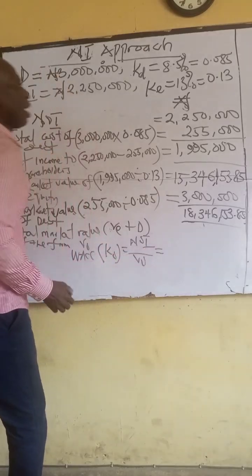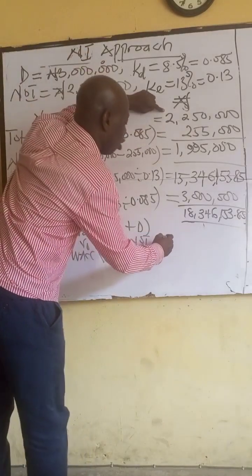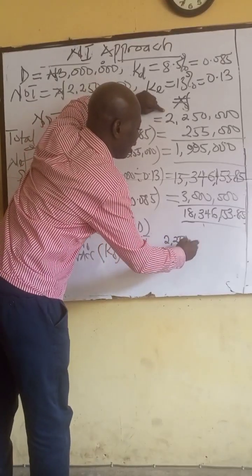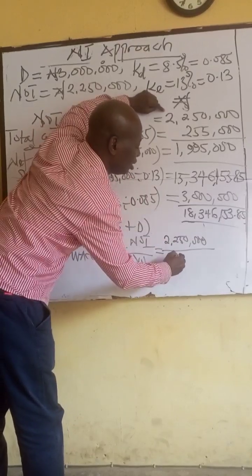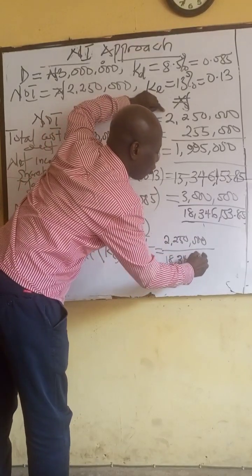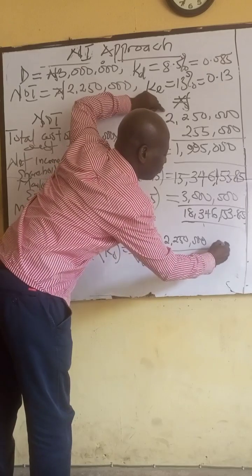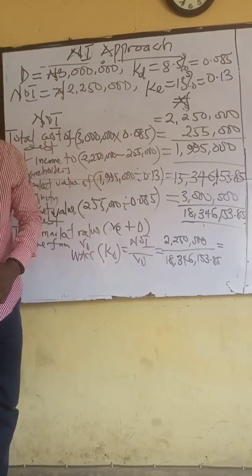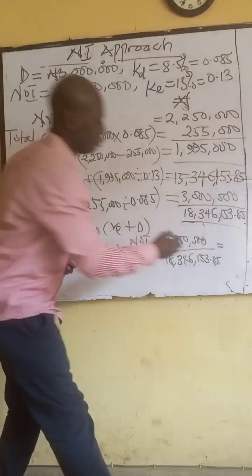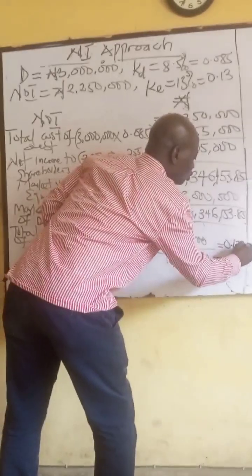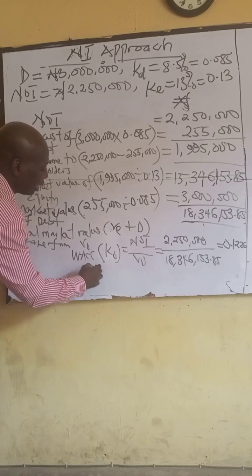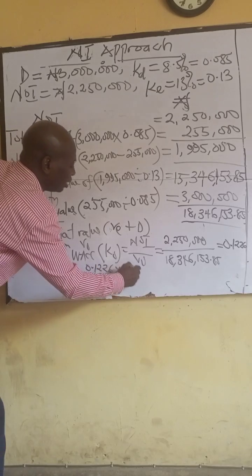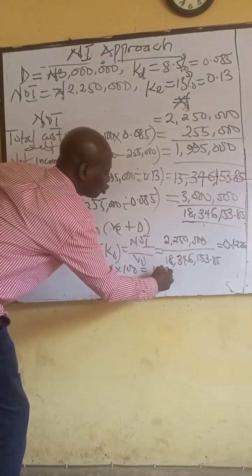Now, if you want to find our WACC, which is symbolized by KO, it is NOI over VO. NOI is 2,250,000 divided by value of the firm, 18,346,153.85. When you divide those two figures, you are going to have 0.1226. Multiply this by 100, that will be 12.26.